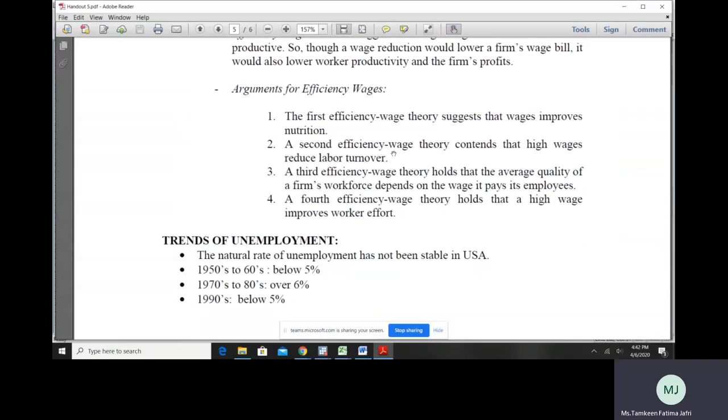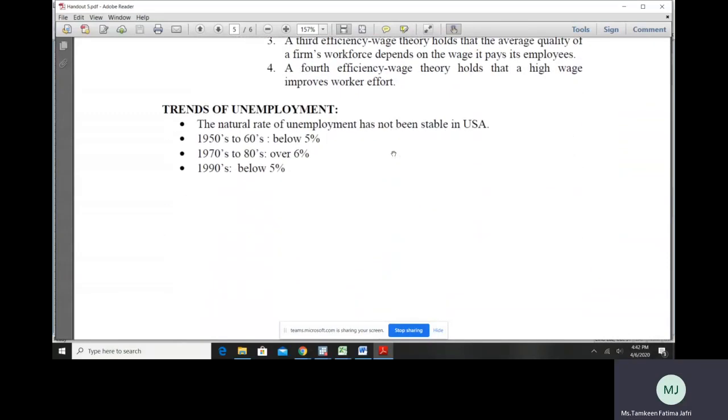बेसिक पॉइंट्स तो हमने कवर कर लिए हैं. ट्रेंड्स ऑफ अनएम्प्लॉयमेंट की अगर बात की जाए, थोड़ा सा डेटेड ये डेटा है हमारे पास, बट इट हेल्प्स टू गेट द पॉइंट अक्रॉस that I want to make. The natural rate of unemployment has not been stable in US. 50s or 60s में 5% के करीब थी, 70s और 80s में it was over 6%, and 90s में it's below 5%.